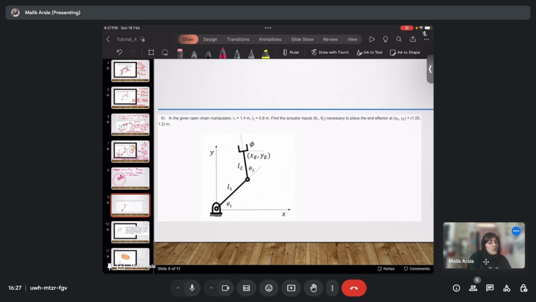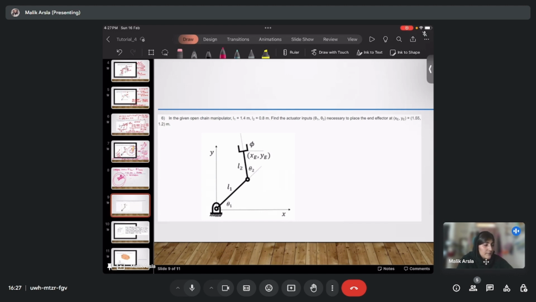In the given open chain manipulator, L1 is 1.4, L2 is 0.8. The link lengths have been given, and we have to find the actuator inputs necessary to place the end effector at x and y equal to 1.55 and 1.2. See, this is a simple inverse kinematics problem, right?